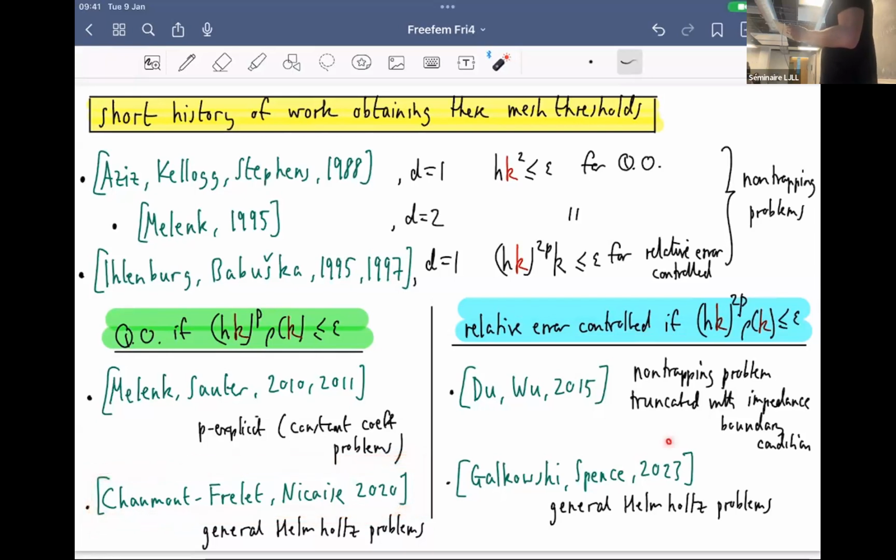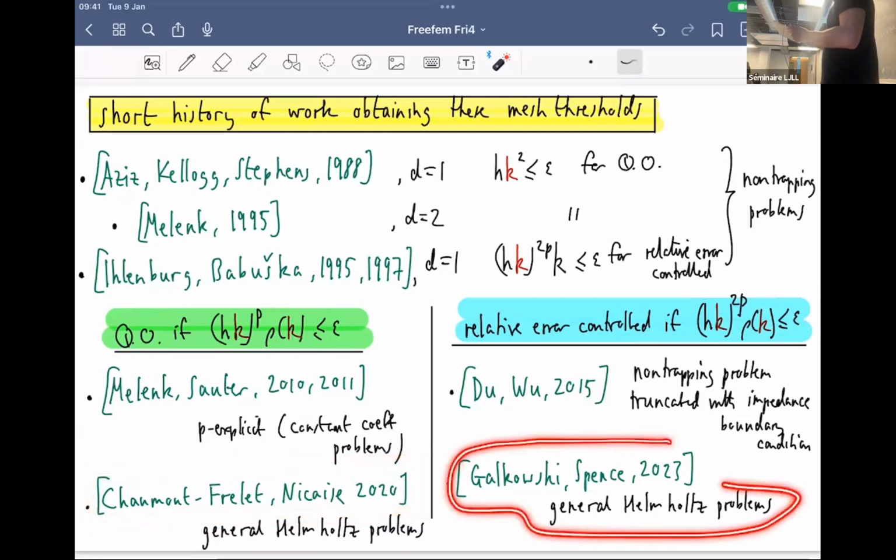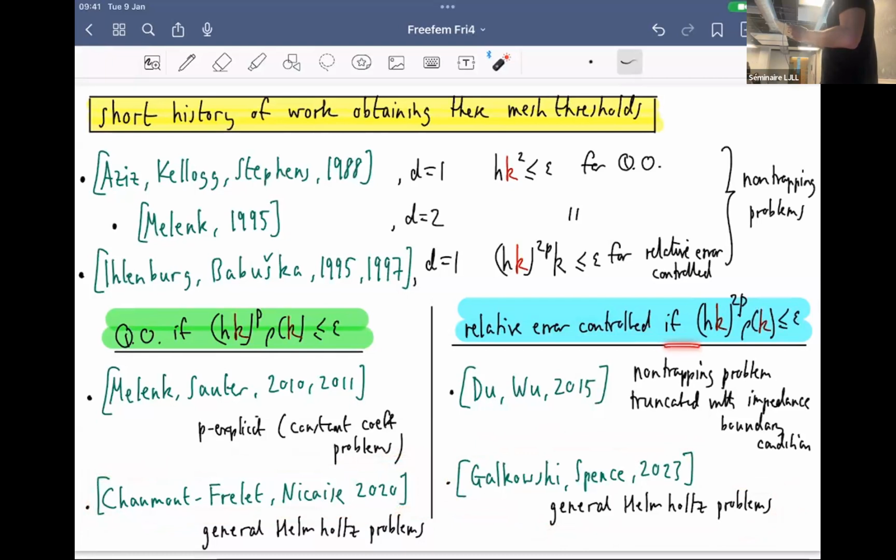And then just under a year ago, Jeff and I, under these assumptions, proved the result about the relative error. So just to acknowledge that it took us, the numerical analysis community, a long time from the initial work by Aziz and Babuška highlighting these thresholds to prove them in the most general settings.